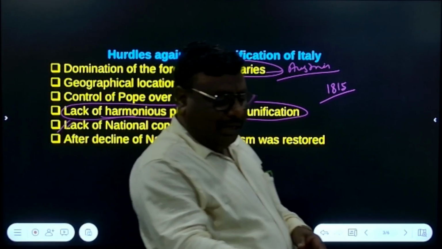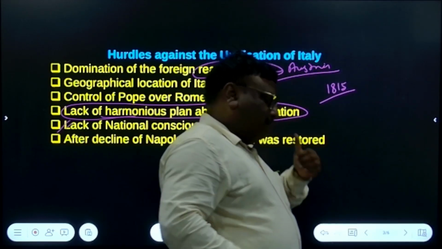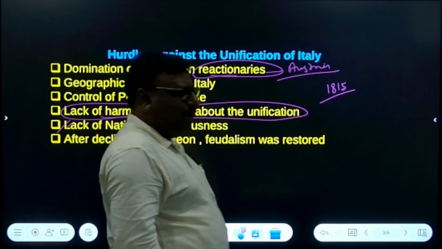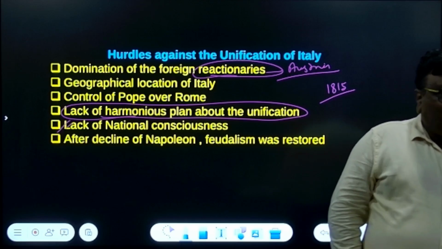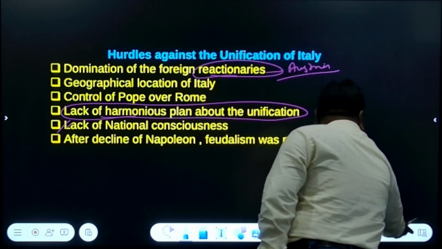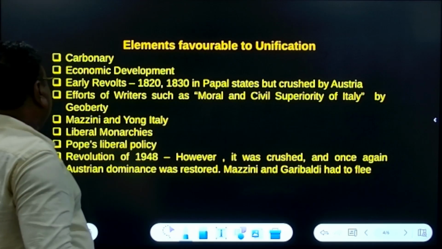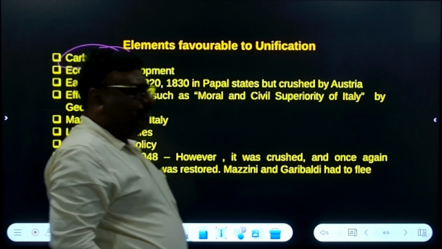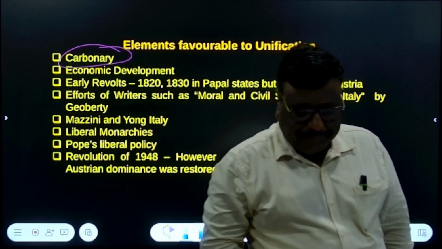So these were the reasons, but still, because of the glorified Italian culture, some people of Italy were thinking of unification. Therefore, several secret societies were formed, and among these, Carbonari was one of the most prominent secret societies.